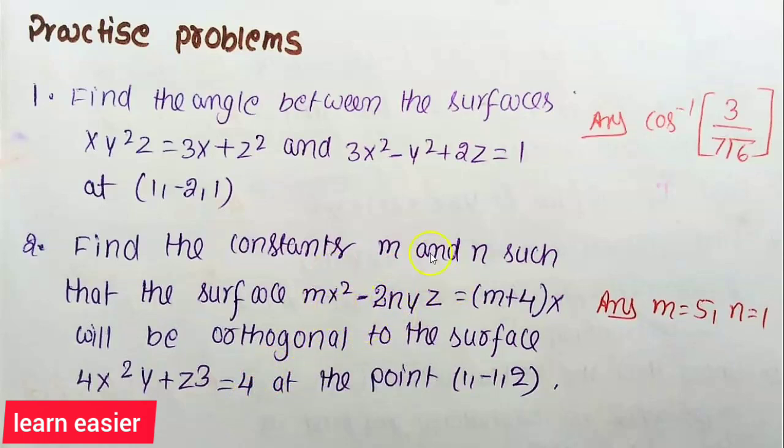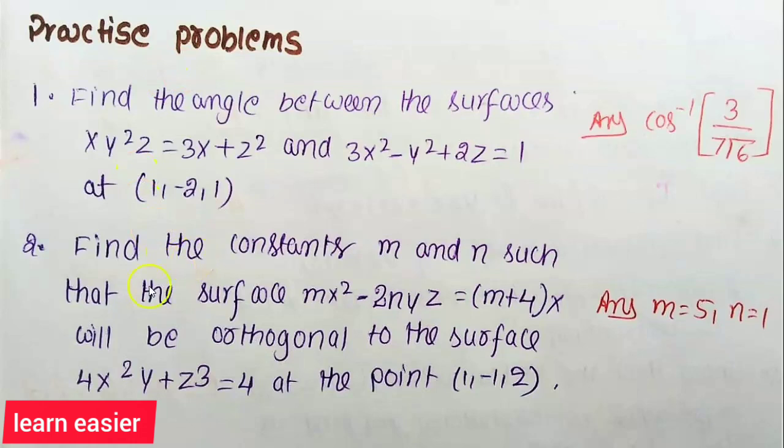So you have to find the normal vector for this function, which is del f1, and the normal vector of this function, n2, equal to del f2. So you have to find these del f1 and del f2 at this point. Then you can get n1 bar and n2 bar, and taking the dot product of the two, you can get the constants m and n. So you can get the answer.